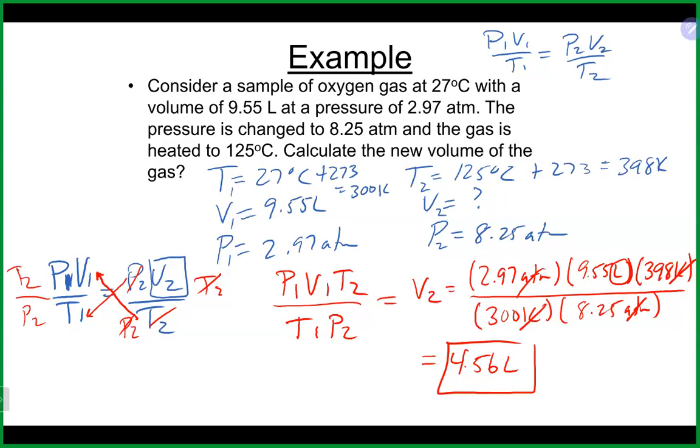And that's why if we were solving, for example, for T2 here, we would need to move T2 to the other side and bring everybody else over to the other side so we could get it on top. So you always want to make sure that whatever you're solving for ends up on top by itself. Otherwise, if you do it on the bottom, that's 1 over that, and it's the inverse of it, right? Any questions on the combined gas law?